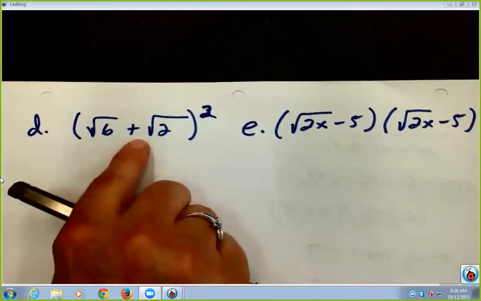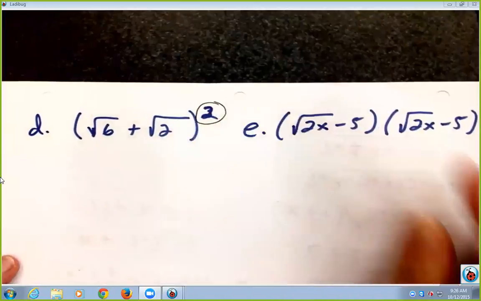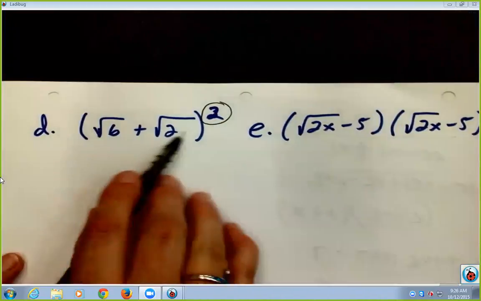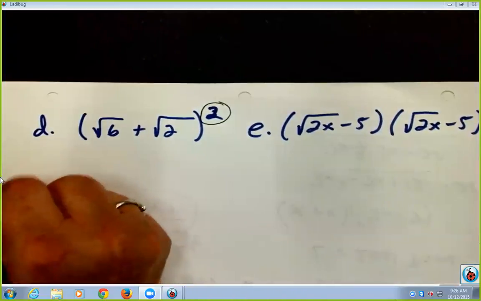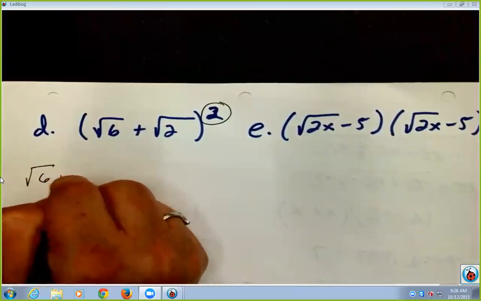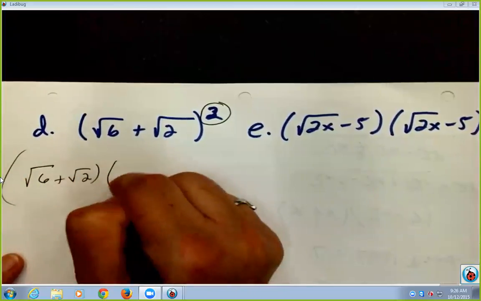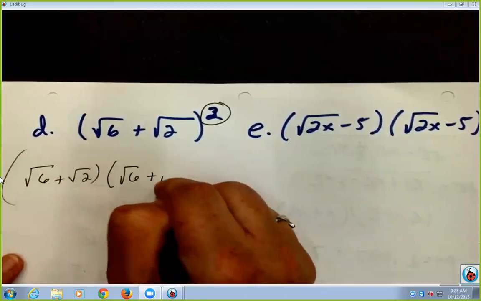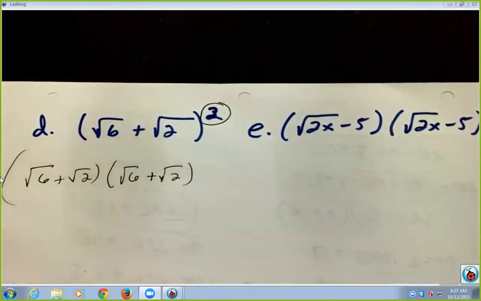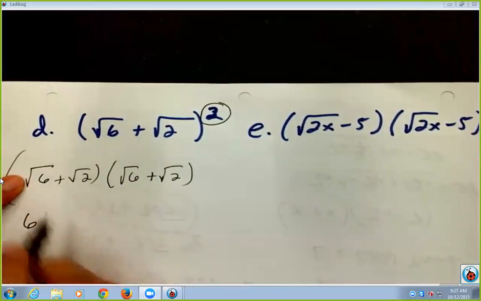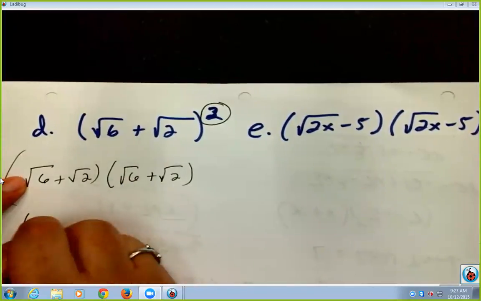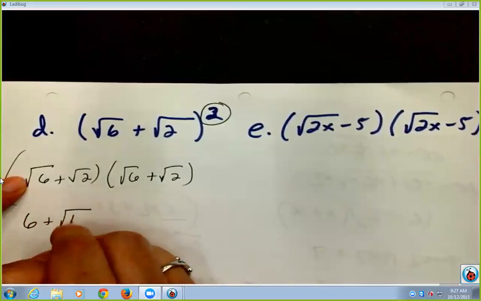This one, since it's got a square out here, that means I need to see this whole thing twice, right? So I'm going to take the square root of 6 plus the square root of 2 times the square root of 6 plus the square root of 2. And if I FOIL this, square root of 6 times square root of 6, what happens? 6. Square root of 6 times square root of 2 is going to be the square root of 12.